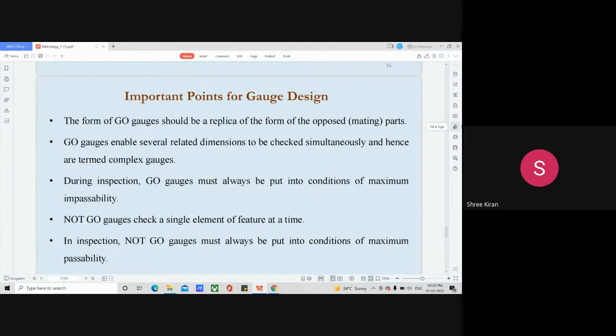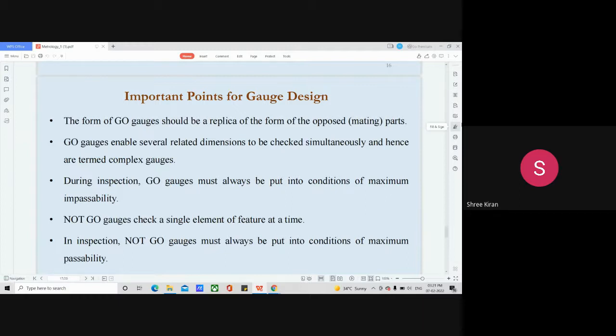Then, go gauges enable several related dimensions to be checked simultaneously, and hence are termed complex gauges.